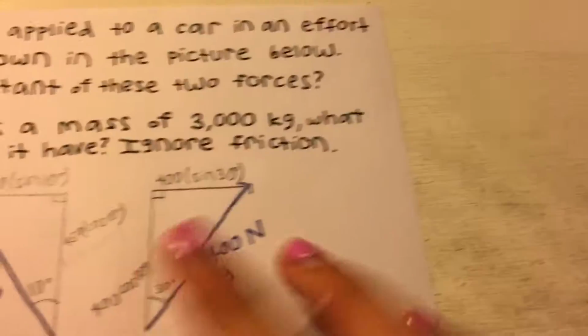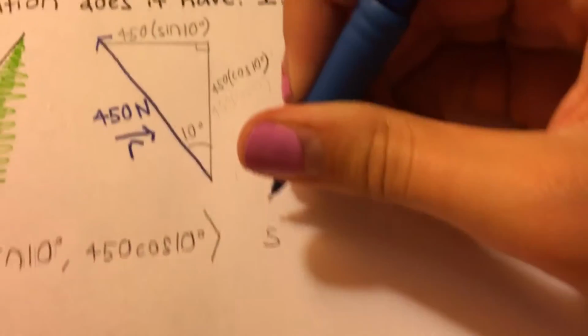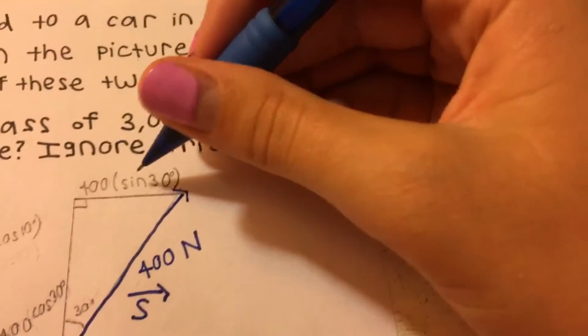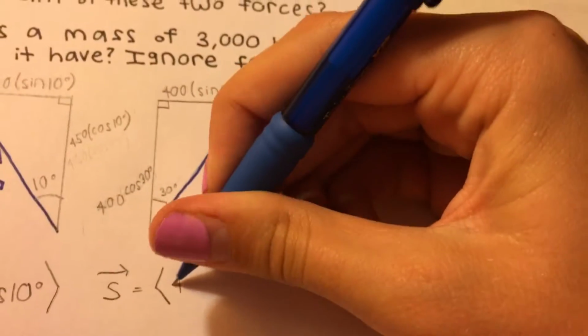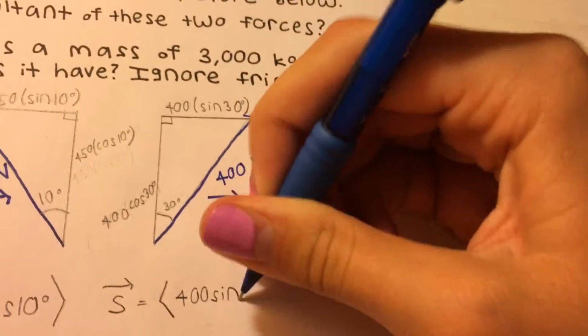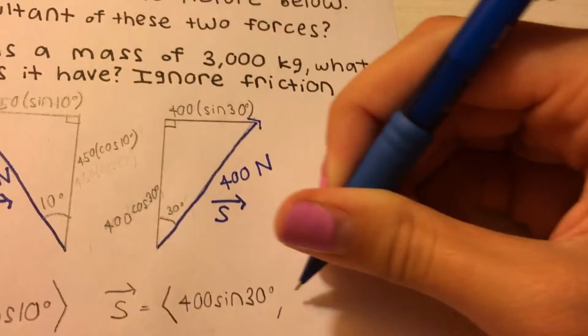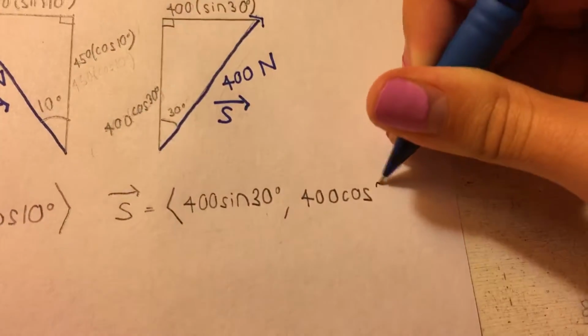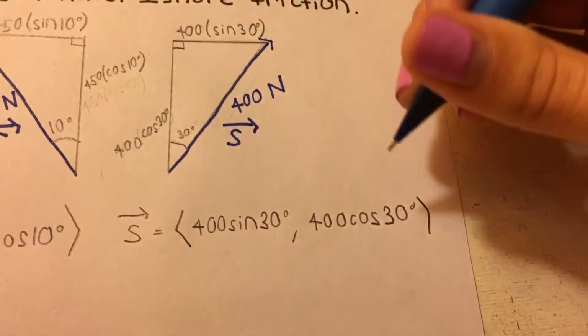And for S, the x component is 400 sine 30, and the y component is 400 cosine 30. So now we just have to simply put these into our calculator.